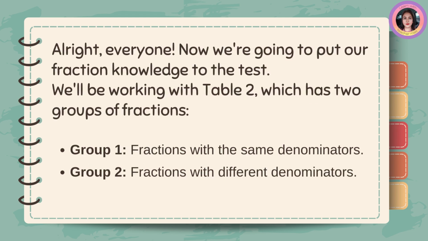Alright everyone, now we're going to put our fraction knowledge to the test. We'll be working with table 2, which has two groups of fractions. For group 1, fractions with the same denominators. For group 2, fractions with different denominators.